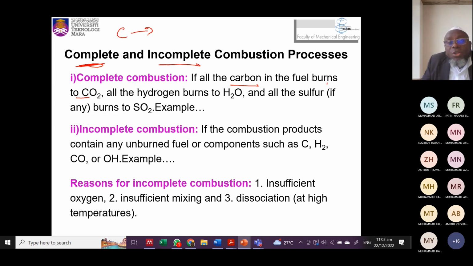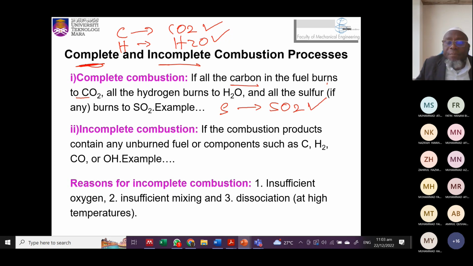This is called complete combustion. And all the hydrogen present in the fuel is also converted into water. Similarly, all the sulfur present in the fuel is converted into sulfur dioxide. These are the three main conditions.